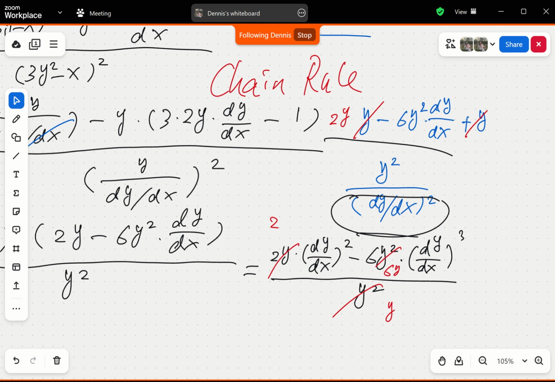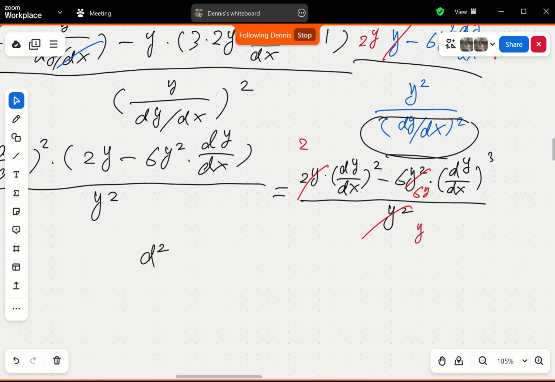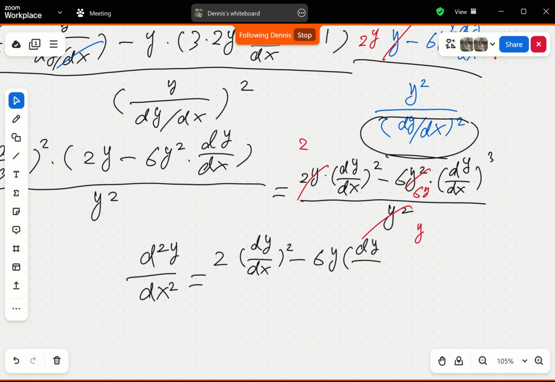So eventually we have the second derivative of y with respect to x as 2 dy with respect to x squared minus 6y dy with respect to x to the third over y.